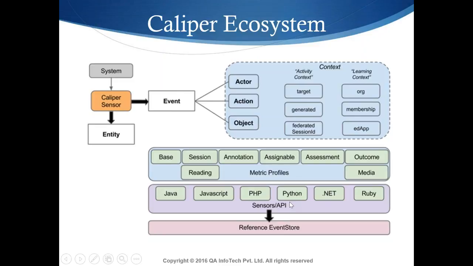Caliper Analytics provides sensor APIs through different language interfaces. Each of the events is derived through different metric profiles, which could be annotation, assignable, assessment, reading, media, and these are really based on what type of actions the student is doing.